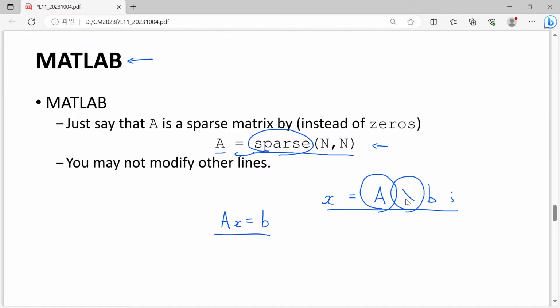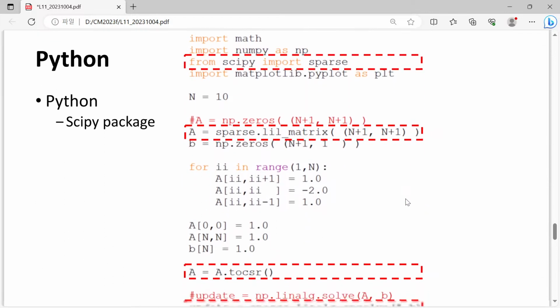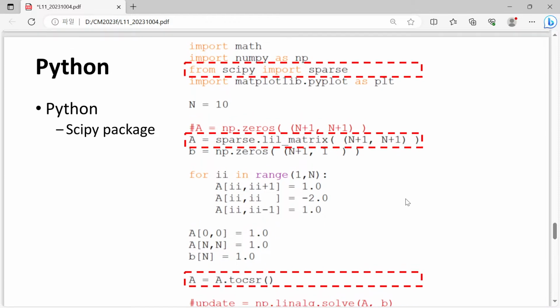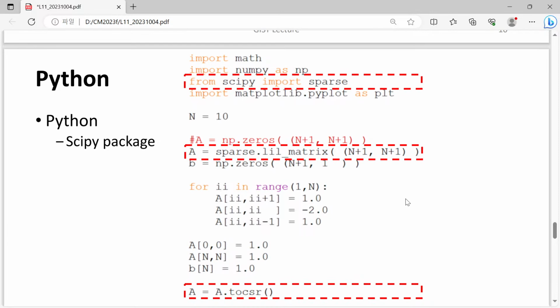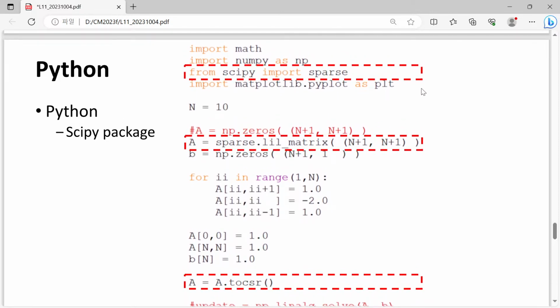Okay, so it is quite easy. And if we go to Python, in the case of Python, you have to be more careful, because they do not support sparse matrix from its own built-in capability.